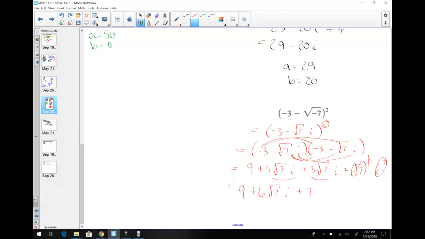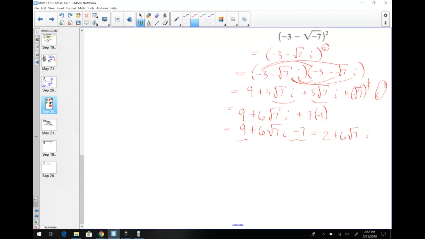And I have this i squared here that turns out to be negative 1. So now I have 9 plus 6 square root 7i minus 7, which equals 2 plus 6 square root 7i.